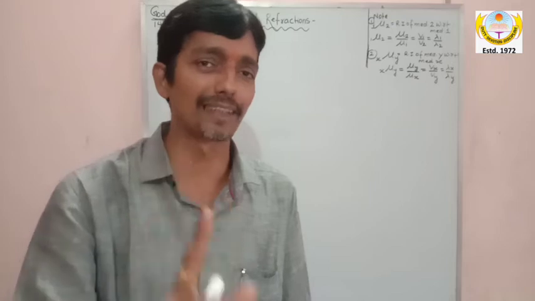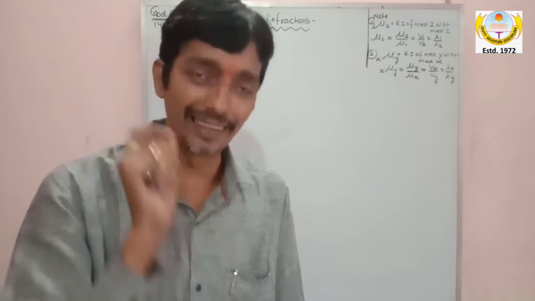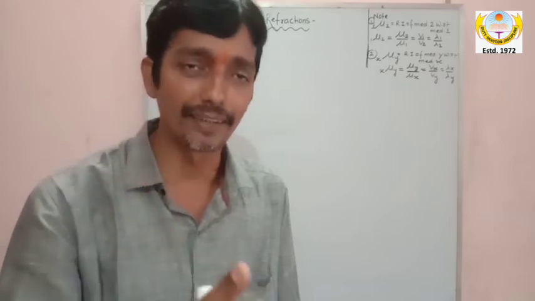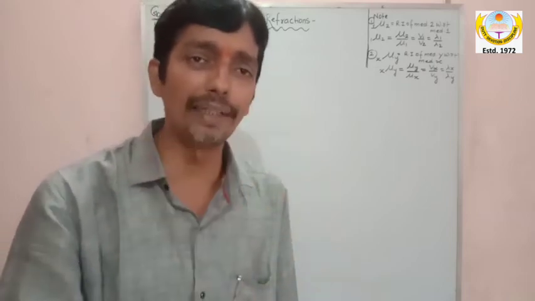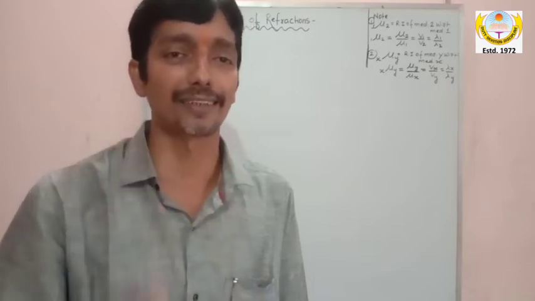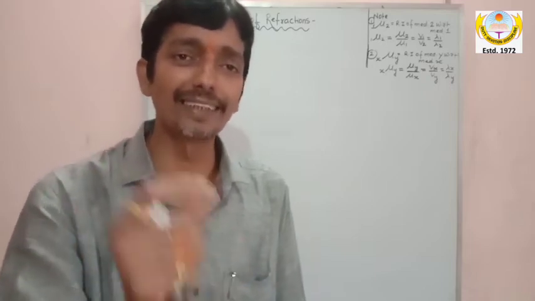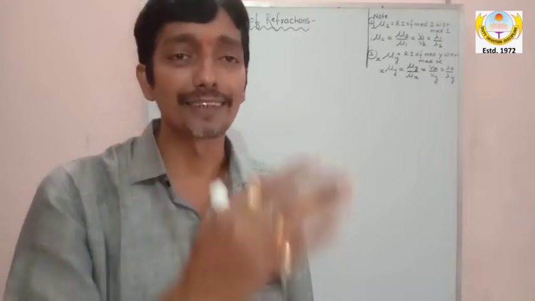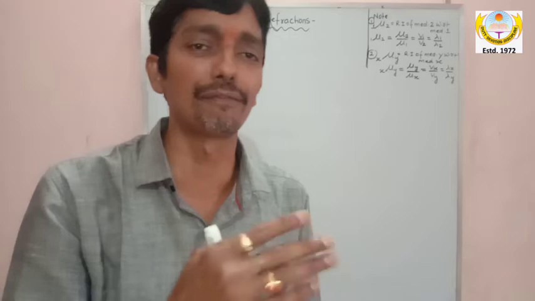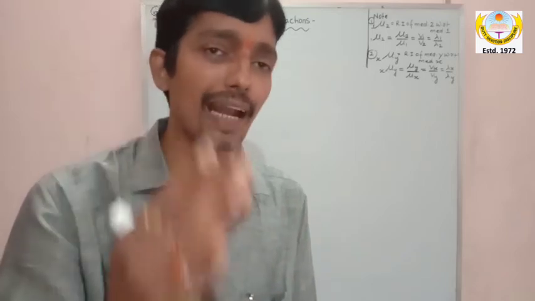Please take care of this statement clearly. When light passes from one medium to another medium, I repeat, its speed changes. This change in the speed causes the bending of light, that causes the change in path of light, or causes refraction of light.